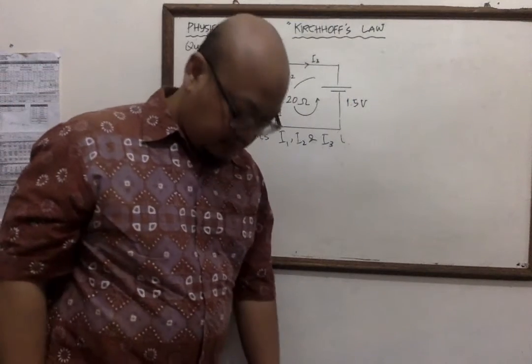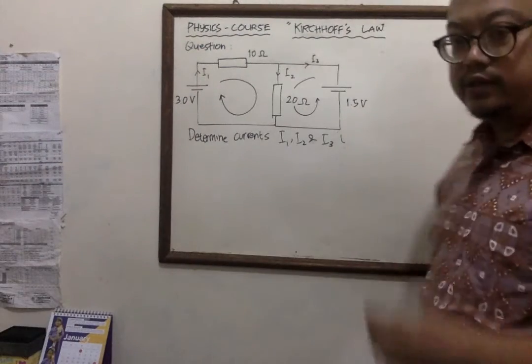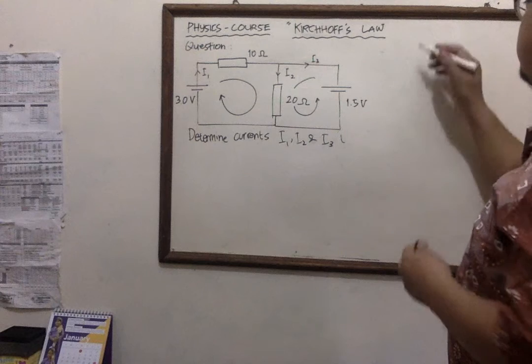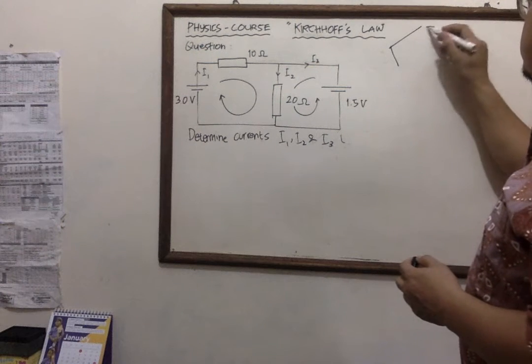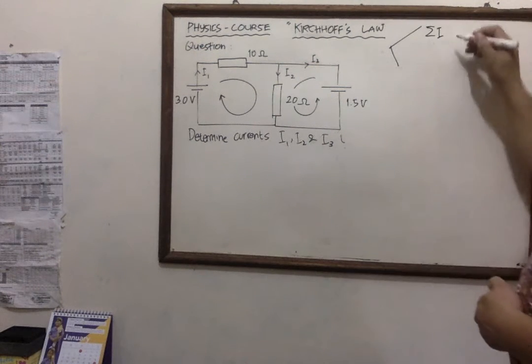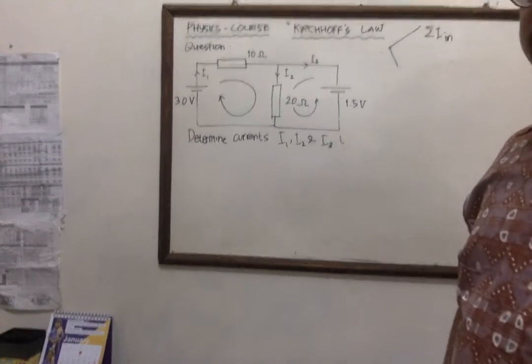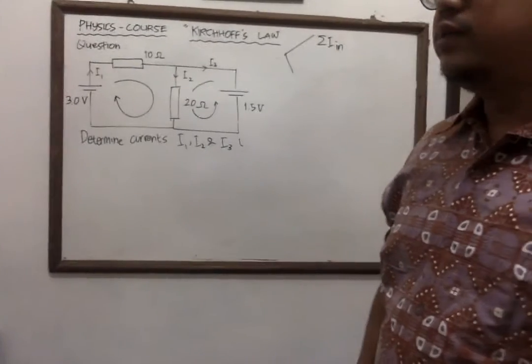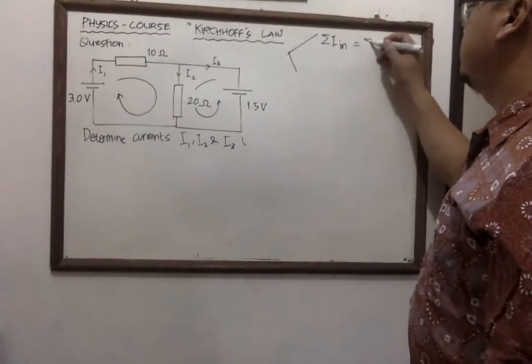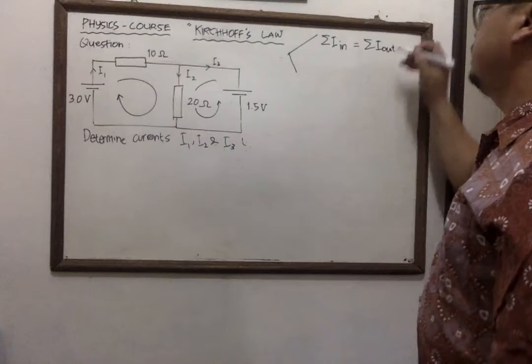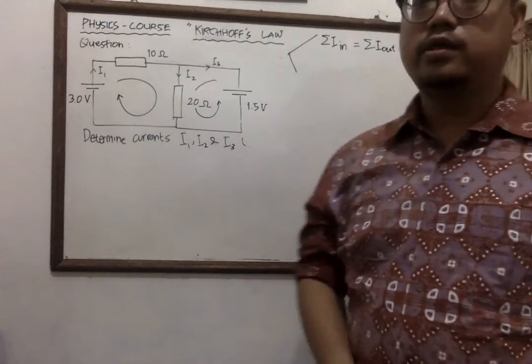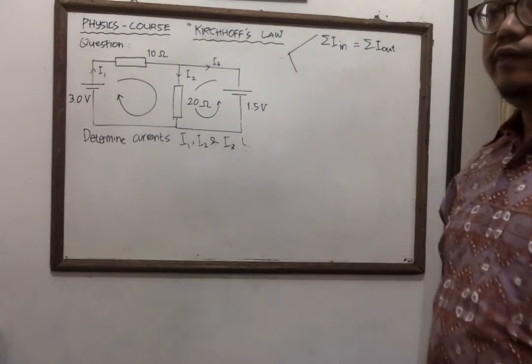Before we solve this problem, let me introduce the Kirchhoff laws. The first Kirchhoff law says the total current going into a point equals the total current coming out. Yes, this is the first Kirchhoff law.